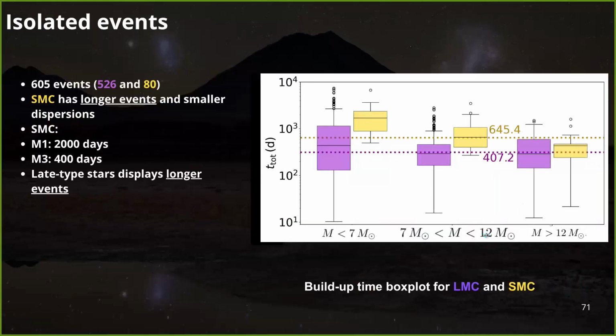If we now look at how long those disks exist around those stars, we see that less massive stars tend to harbor longer disk events. So using our sample of 600 isolated events, we find that the duration of those disk events drops as we go from lower to higher mass populations.